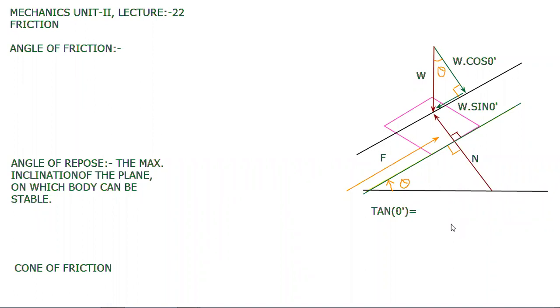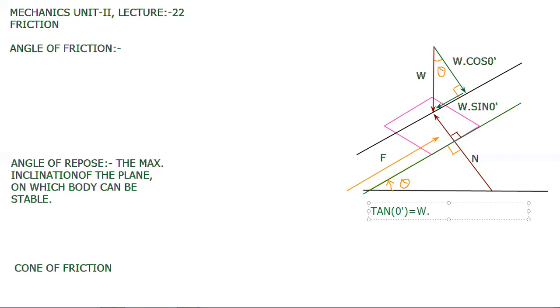Now tan of theta will be opposite divided by adjacent. In the upper triangle, tan of theta is equal to the opposite, W sine of theta, divided by the adjacent, W cos of theta.